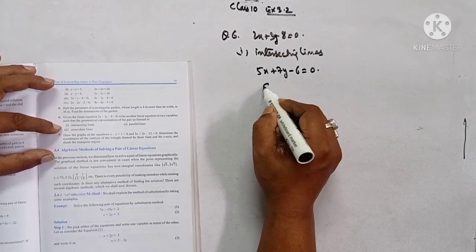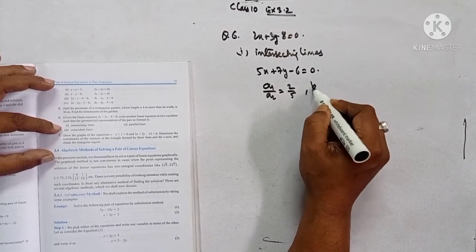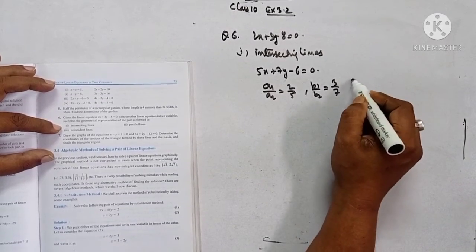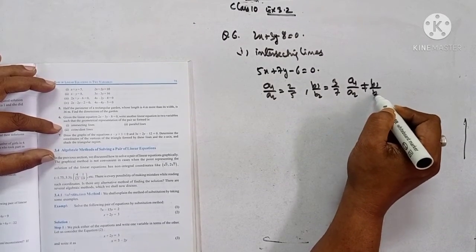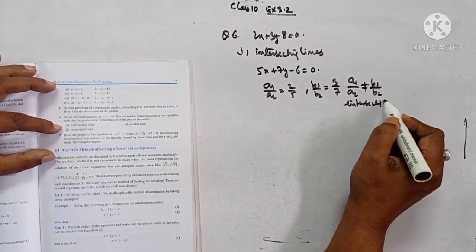So here you see a1 by a2 is equal to 2 by 5, and b1 by b2 is equal to 3 by 7. So a1 by a2 is not equal to b1 by b2. So it is intersecting lines.